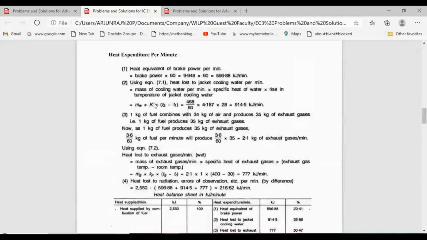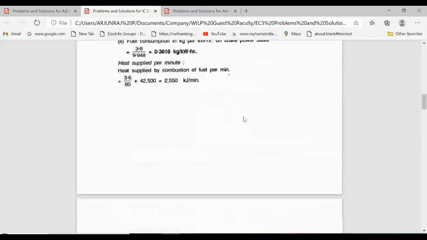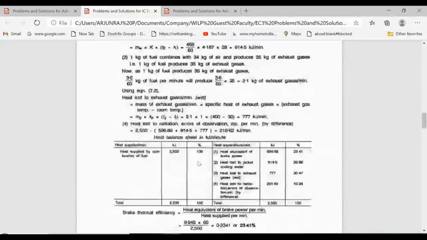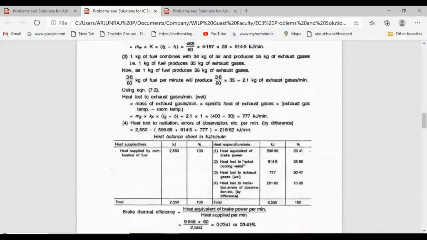K is nothing but the specific heat, and here 4.17 is the assumption that we have taken in the last problem also. And you see, the mass flow rate of water they have given us is 468. Again, you have to divide it by 60, so you are going to get the value in terms of kilojoules per minute. So this value divided by this value into 100, you get it in terms of heat distributed. Okay, it's nothing but heat expenditure.